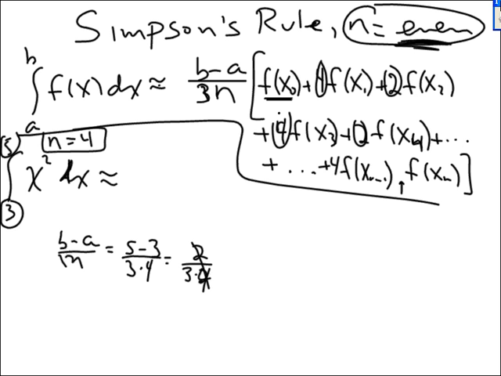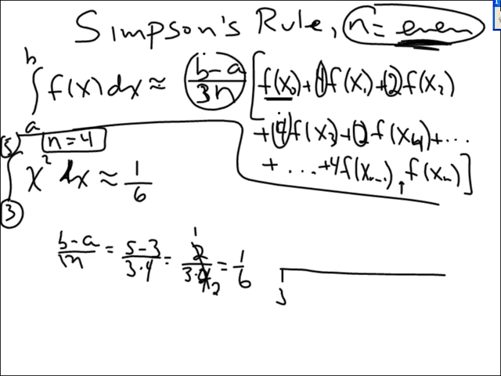And 2 goes into 2 one time, and into 4 2 times. So we have our sixth. b minus a over 3n is 1/6. Okay. Now, we are going from 3 to 5.